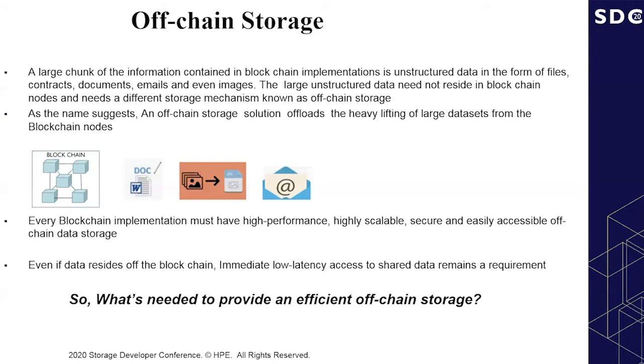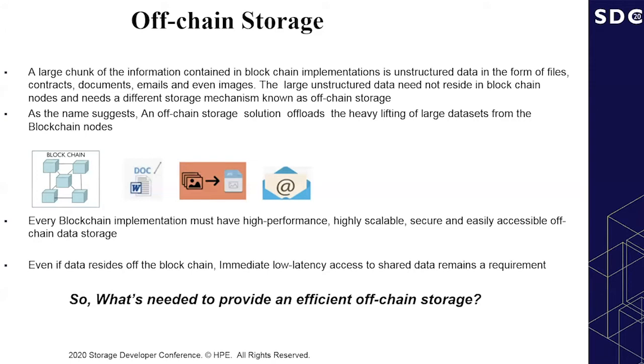So with off-chain storage, we store only the hash of the data in the blockchain and store these large data sets such as images or large document files on an off-chain storage. Another common use case for off-chain storage is to store sensitive private data which does not have to reside on the public on-chain.